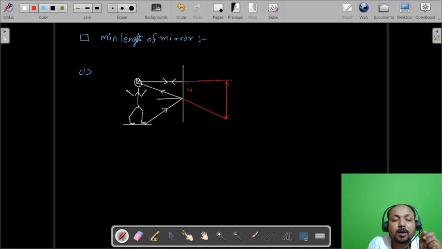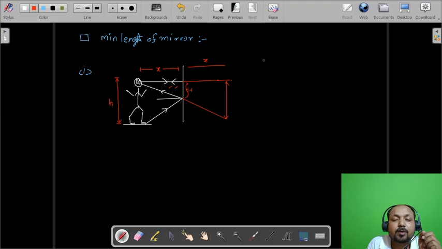Let's say this is H. Let's say x is the distance between the object and the mirror, so this distance will also be x. The height of the object is given as small h.